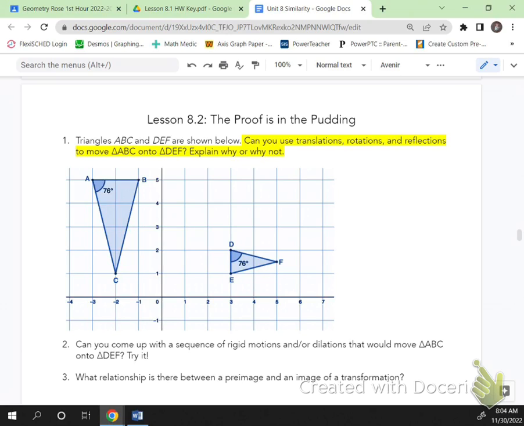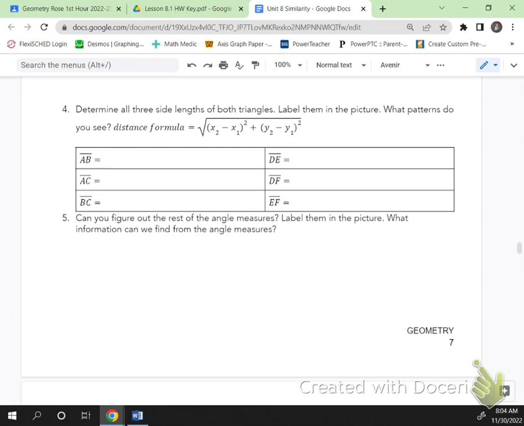Let's use our Pythag theorem again, our distance formula. It went right 1 and up 1, 2, 3, 4. That's really similar. What do you predict AC is going to be? How long is AC going to be? The square root of 17.